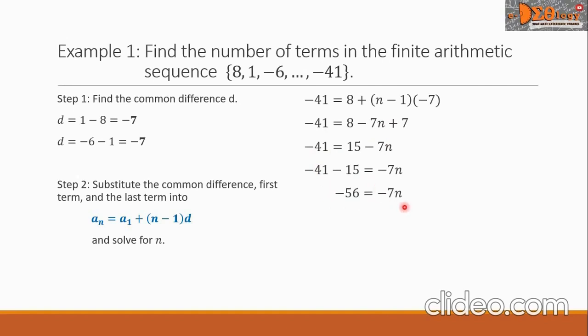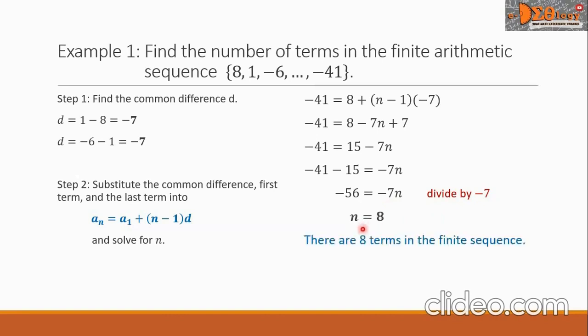For us to get the value of n, let us divide this equation by the coefficient of n, which is negative 7. So negative 56 divided by negative 7 is positive 8, and negative 7n divided by negative 7 will be n. So we can write n equals 8.